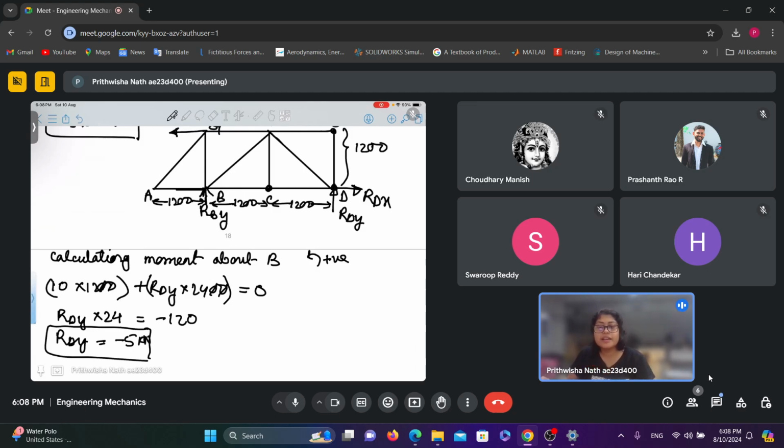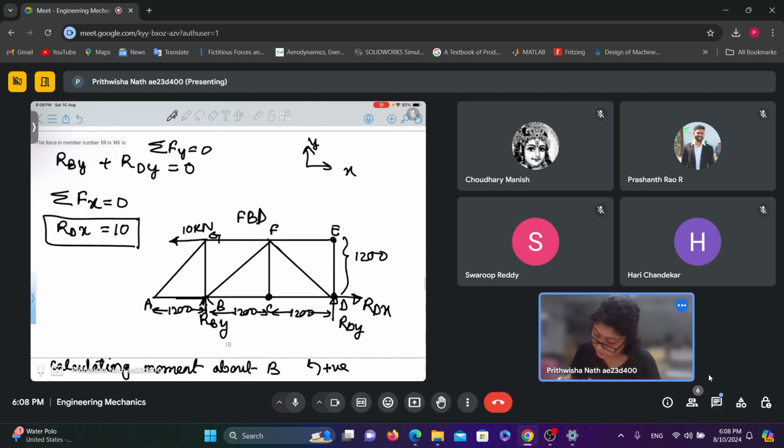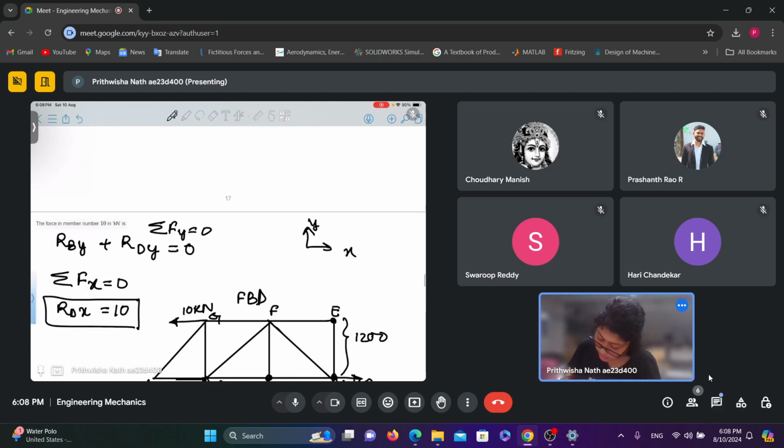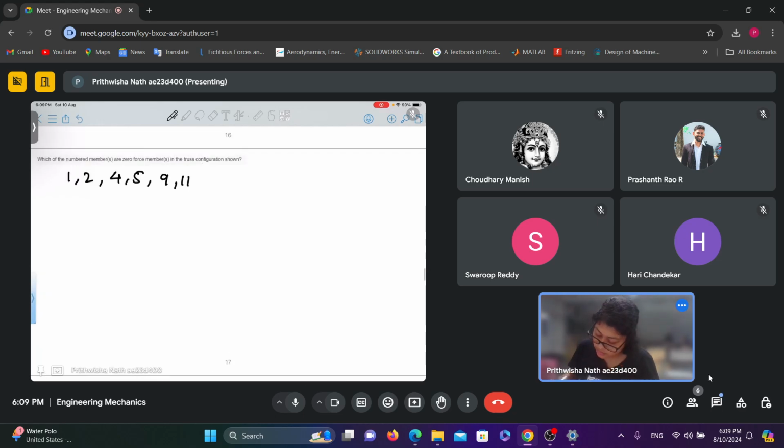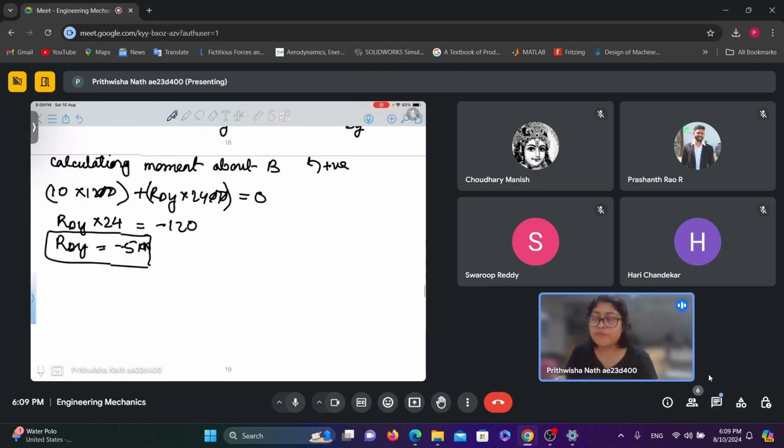Is this clear? Is there any confusion regarding this step? No, ma'am. Now I have this equation. Let this be 1. Now I know RDY, I can easily compute RBY.